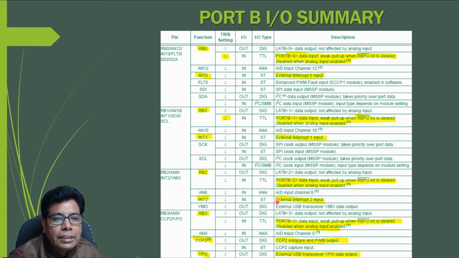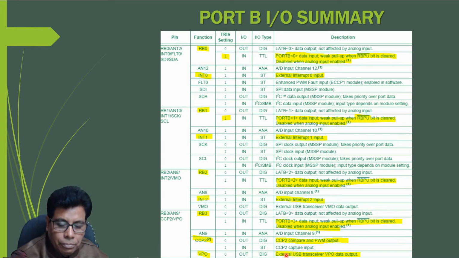Then it will be used as external interrupt 2 input, INT2. So these are the 3 external interrupts. Then the next pin is RB3. It is used as output or input, and for the CCP2 compare and PWM output, and also used as an external USB transceiver VPO data output.